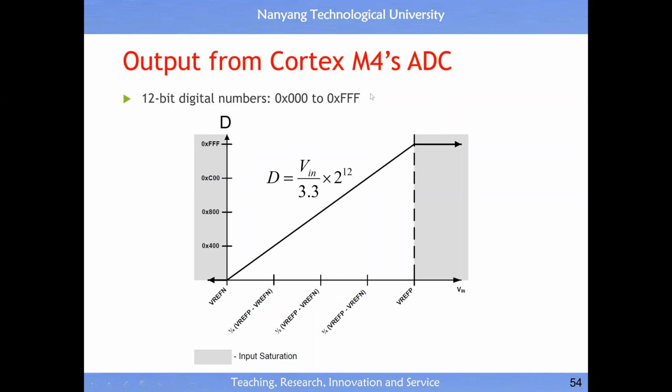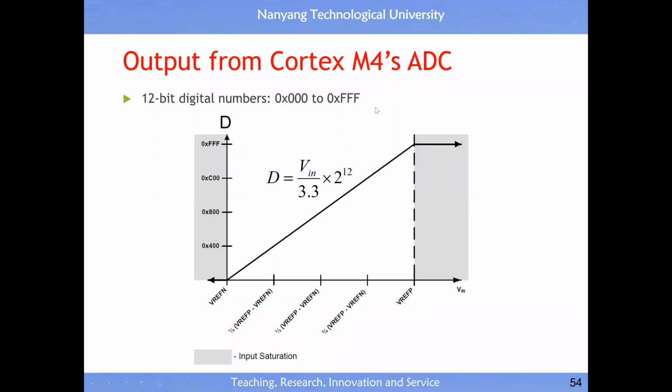15 is F. We use F to represent 15. 0 to 9, 10 is A, 11 is B, 12 is C, 13 is D, 14 is E, 15 is F, right?